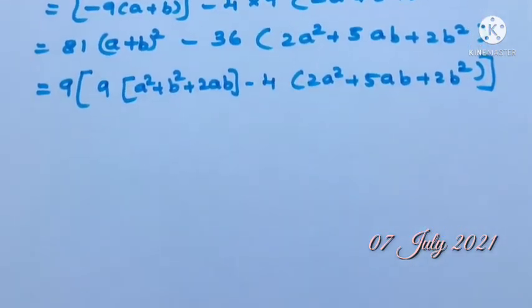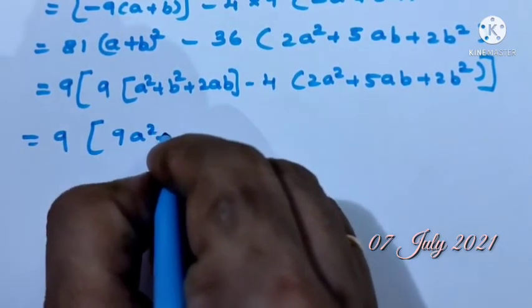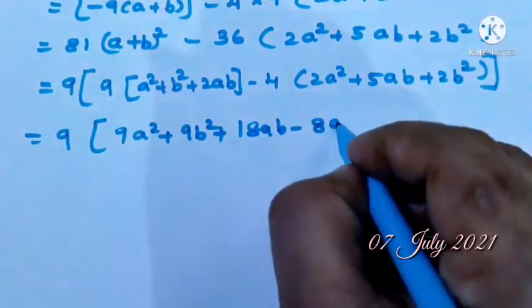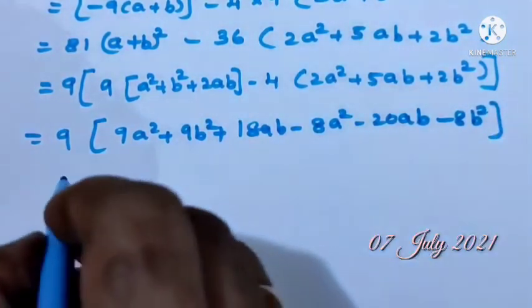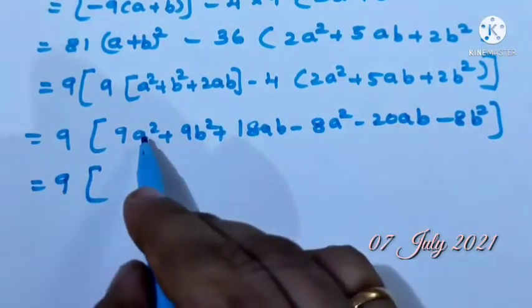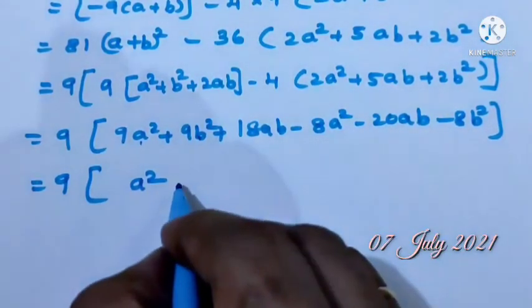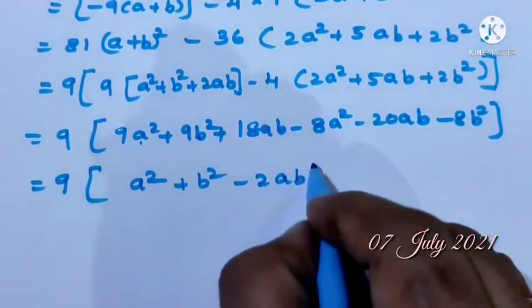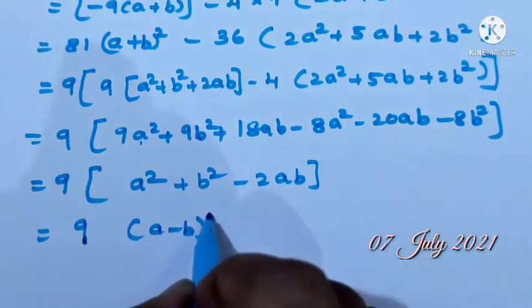Now we have to go for the simplification. 9 outside, then 9a square plus 9b square plus 18ab minus 8a square minus 20ab minus 8b square. 9a square minus 8a square is a square only, 9b square minus 8b square is plus b square only, 18ab minus 20ab is minus 2ab. So 9 into (a minus b) whole square.